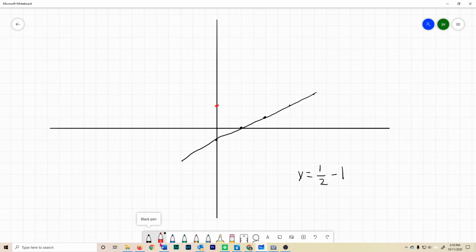But the slope stayed the same. So my equation would be y equals, oh gosh, did I forget to put a little x there? Did I confuse you on that one? 1/2 x, there we go. The next one is y equals, still the same slope, 1/2 x, but different intercept, +2.